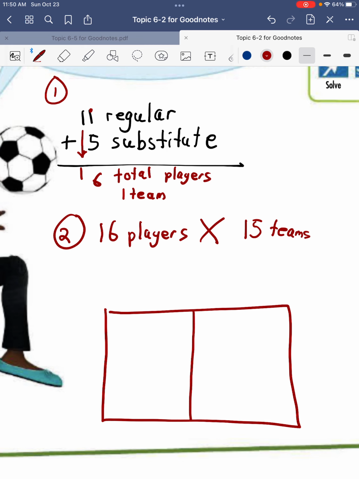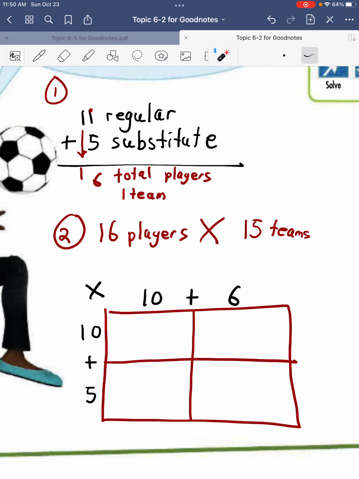And we have 4 sections in our box. Okay, once I draw my box, I need to expand 16 and 15. Okay, so I'm going to put 16 on top, 10 plus 6, and then I'm going to put 15 on the side, 10 plus 5. And I'm going to put my little multiplication to tell me that I'm going to be multiplying now.